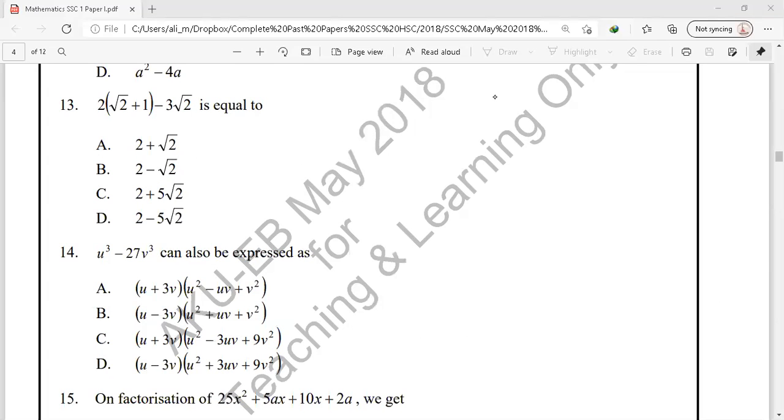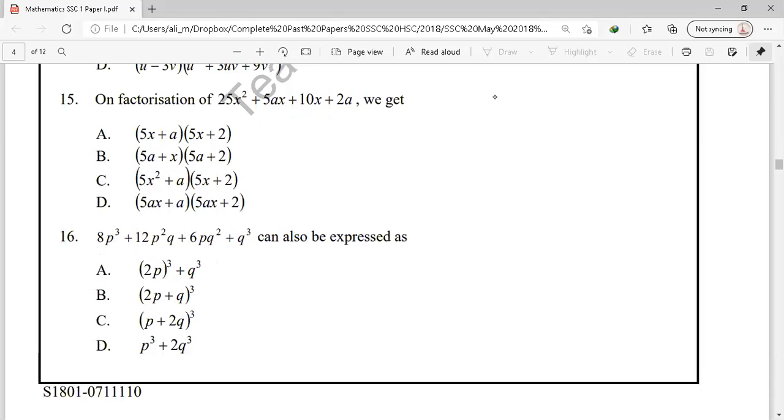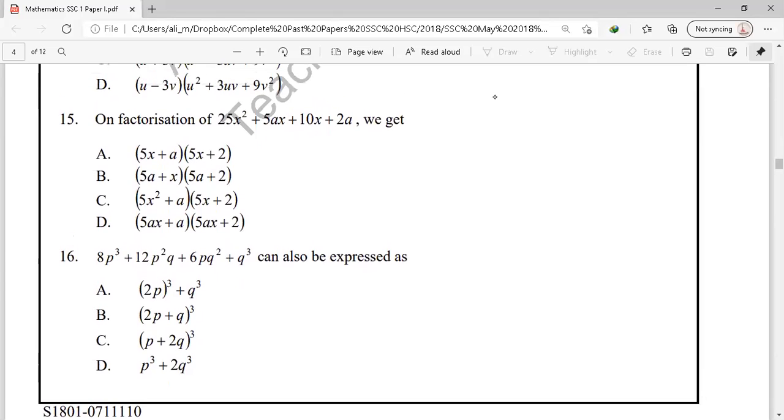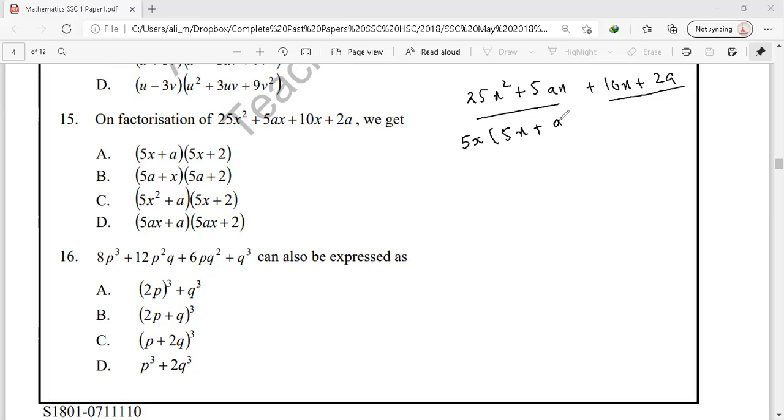So quickly let's move to our next question, question number 15 and 16, in which we have to factorize the given expression. So in question number 15, we have an expression 25x squared plus 5ax plus 10x plus 2a. So let's make the pair of first two and last two terms and take common among those four terms. So 5x is the common term, so we will have 5x plus a.